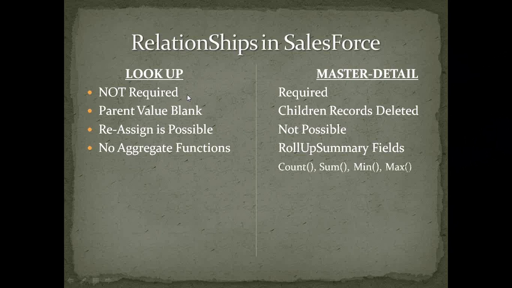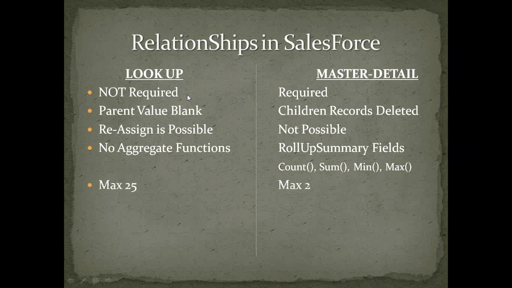So where can you track these aggregate functions? On the master object. You establish the relationship with the faculty on the student object. But where can you track these aggregate functions? On the faculty object, when faculty is the master and there is a master-detail relationship with the student. So faculty should be the master, student should be the detail, then you can track these aggregate functions on the faculty master object. Good.